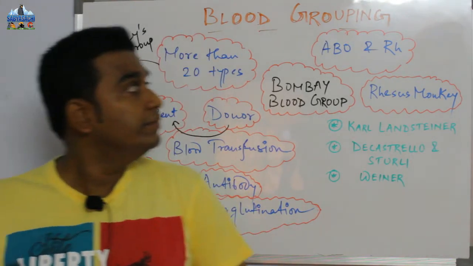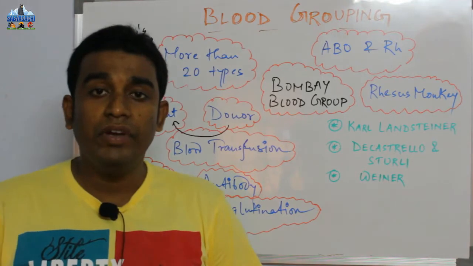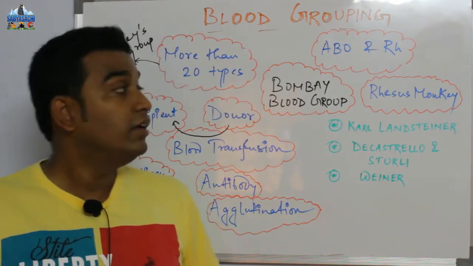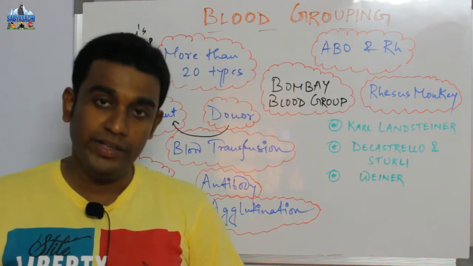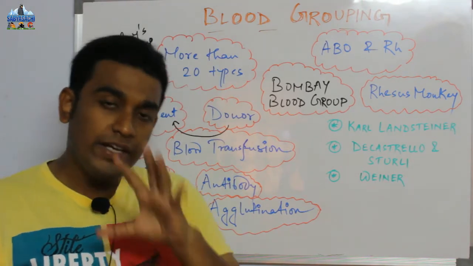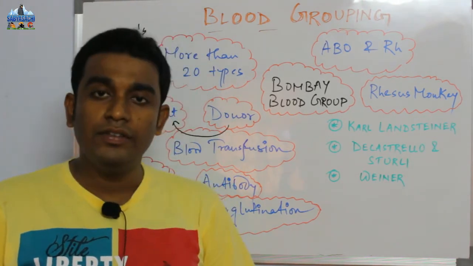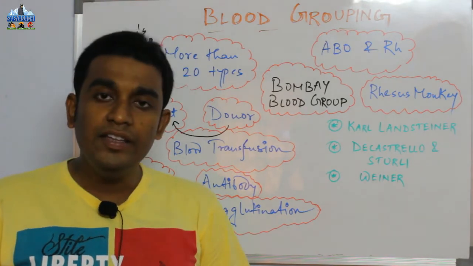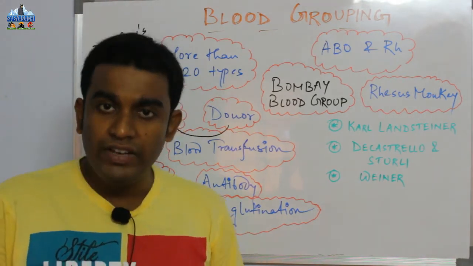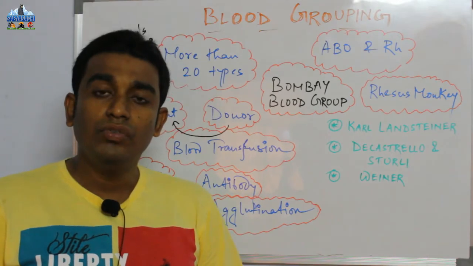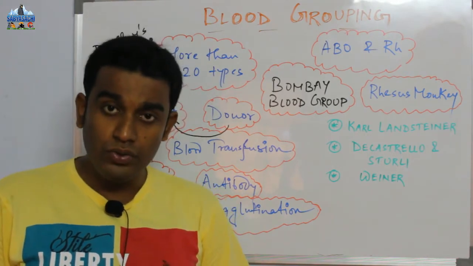So we'll start here with something very interesting, and the topic, as the title suggests, is blood grouping. Before we get into blood grouping, a few points: blood is one of the essential features we have in our body, also known as a liquid connective tissue.